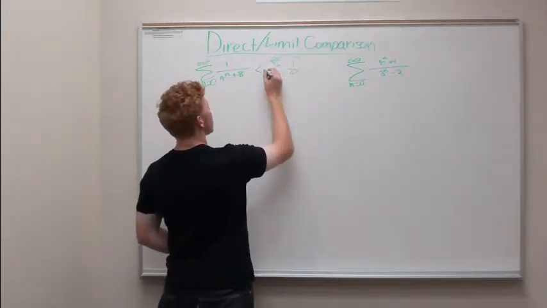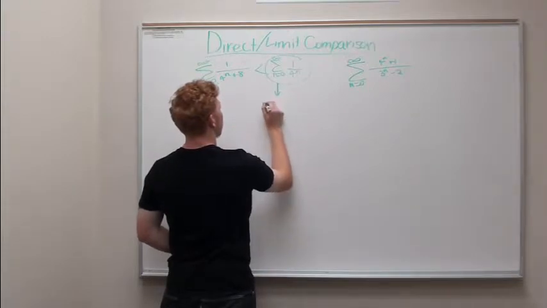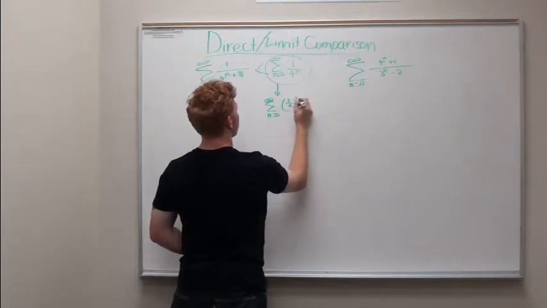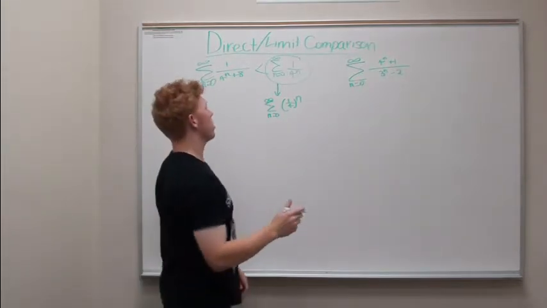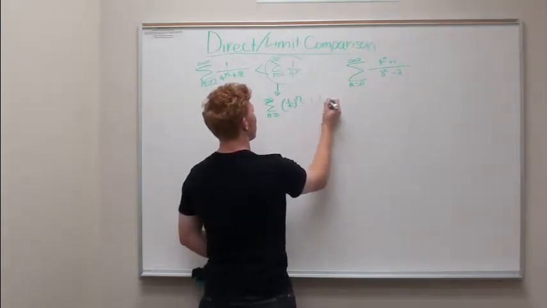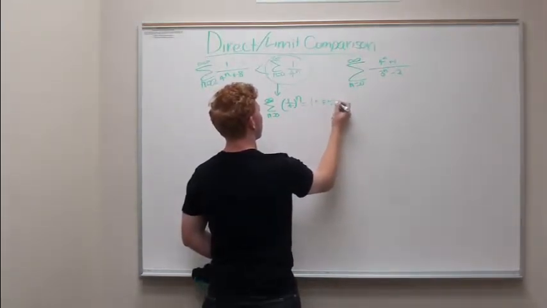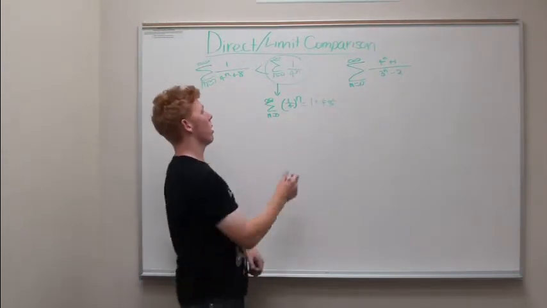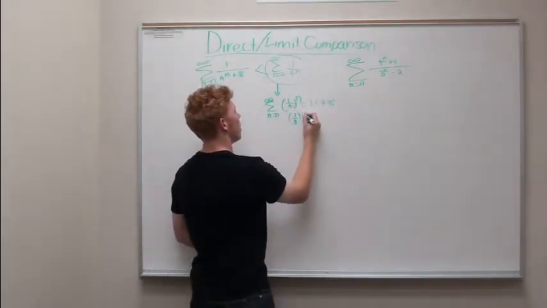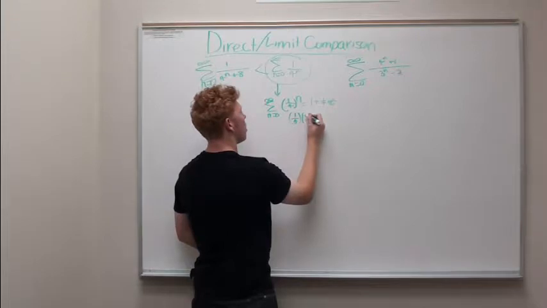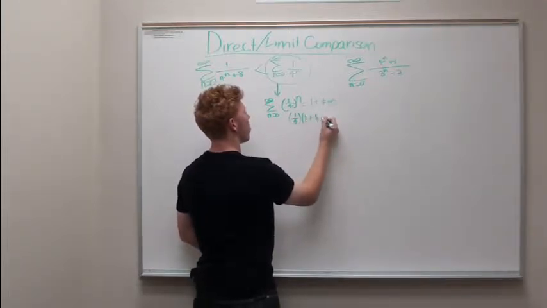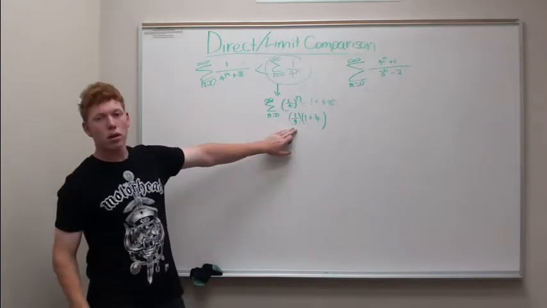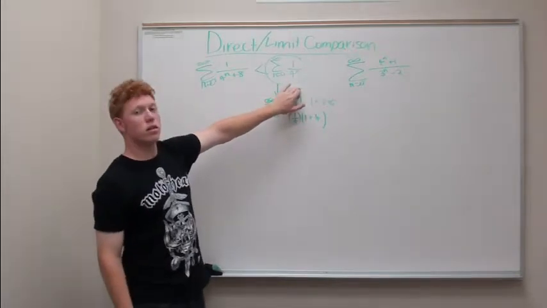Now, this series is actually the exact same thing as the geometric series 1/4 to the n. Now, in this case, if you were to solve it, it would be 1 plus 1/4 plus 1/16. Now, you're multiplying by 1/4 every time, and if the number you're multiplying each value by is less than 1, that means that this series is convergent.